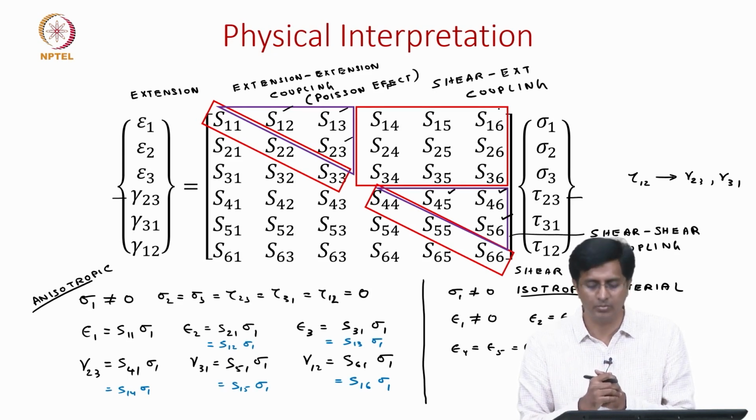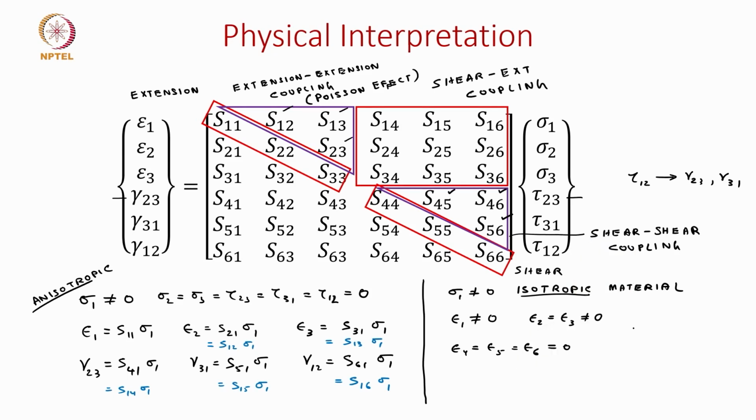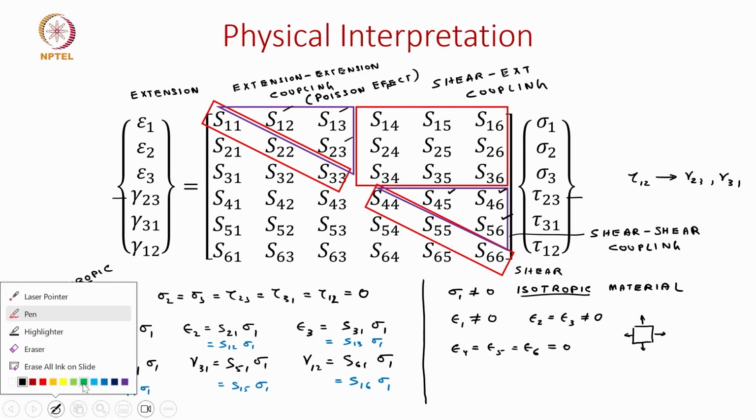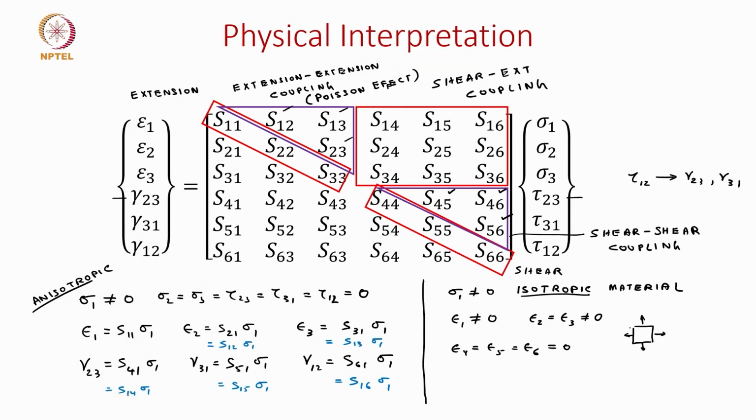The answer is no, because if I take a square and only apply normal stresses, we see that there are no shear strains in this material, because it can either shrink or expand based on whether the stresses are positive or negative.